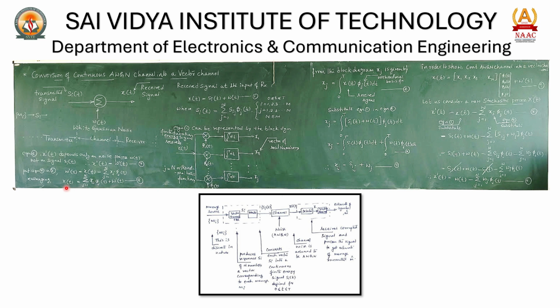Therefore, I can write x of t, the received signal, in terms of a vector channel, as shown in equation 8. That is, the received signal x of t is equal to the summation of the vectors x1, x2, x3 up to xn, there are n of them, multiplied by the known orthonormal basis functions, plus noise. So this is the expression you are going to derive for the conversion of the continuous AWGN channel into a vector channel.